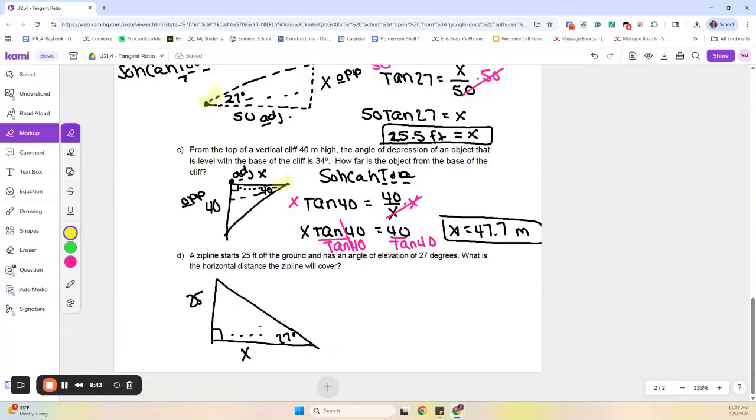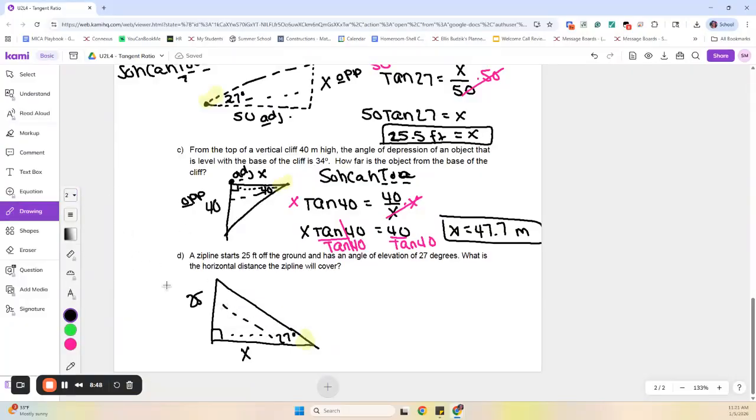So for this one, again, this is our angle. We're going to go opposite of our angle. X is right next to it, so that's adjacent. So again, with SOHCAHTOA, we got opposite and adjacent. So that's going to be tangent of 27 equals our opposite, which is 25, over our adjacent, which is x. Multiply by that denominator, so we're going to multiply by x on both sides. Then I have x tan 27 equals 25.